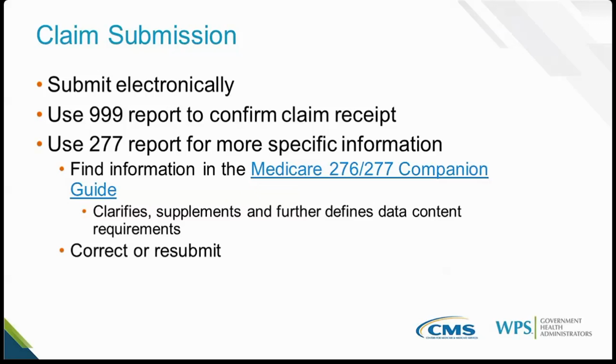Our electronic data interchange, or EDI staff, provides helpful information in the Medicare 276-277 companion guide, and I've included a link to that companion guide here on this slide for you. This companion guide will help clarify and further define the data content requirements for an electronic claim. And it's based on these reports, the 999 and the 277 reports, that you'll know whether a batch is rejected and if you need to correct or resubmit that electronic claim to Medicare.